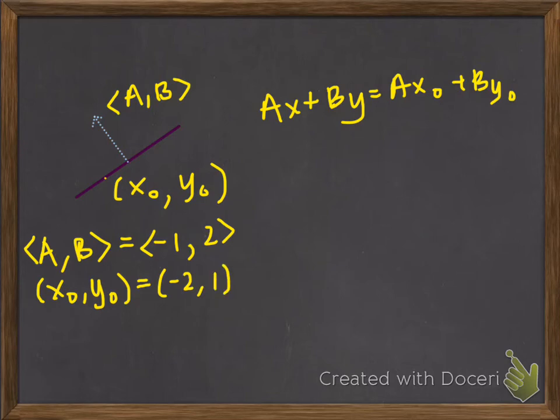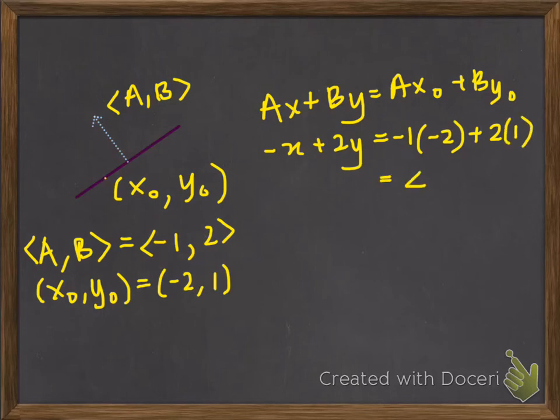So our equation of the tangent line will be -x plus 2y equals -1 multiplied by -2 plus 2 multiplied by 1, which gives us 4 on the right hand side.